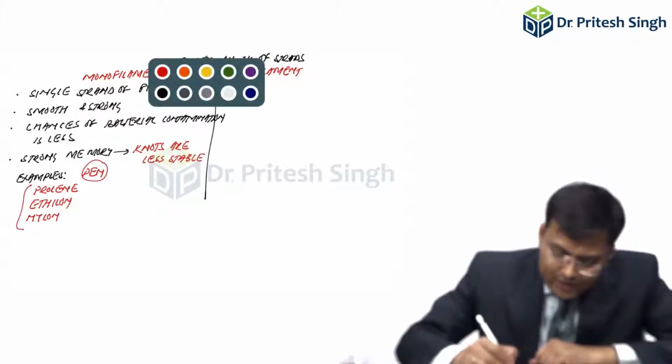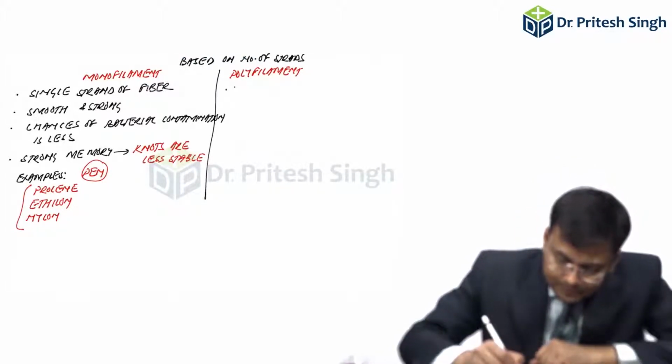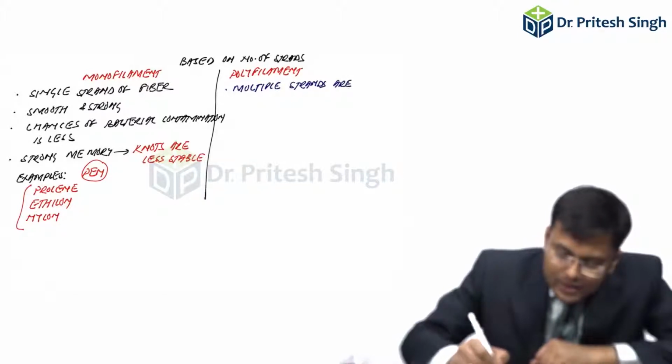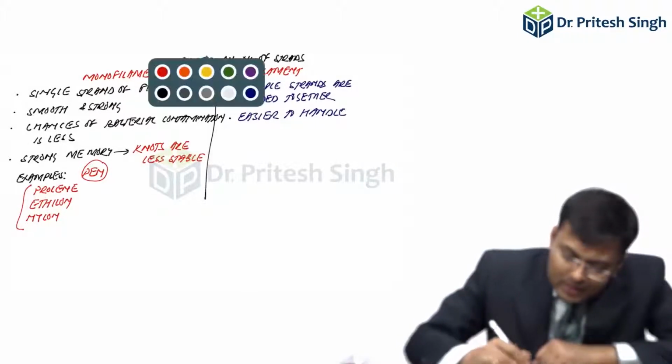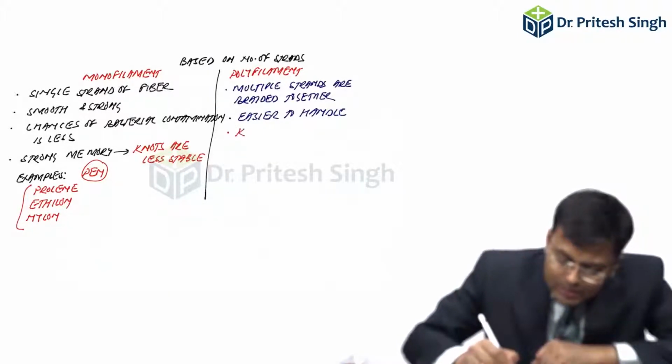In cases of polyfilament sutures, multiple strands are braided together. Advantage: it's easier to handle. The knots are not able to slip.